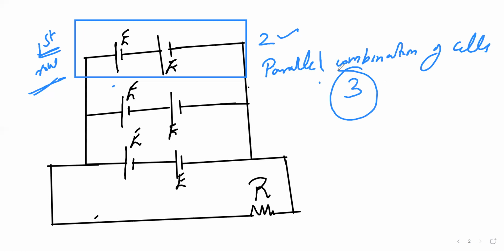These series cells are in parallel with each other. So how many parallel combinations of cells are there? Is it 3 or 2? Perfect. 3. Correct?